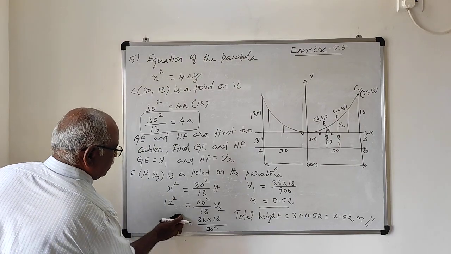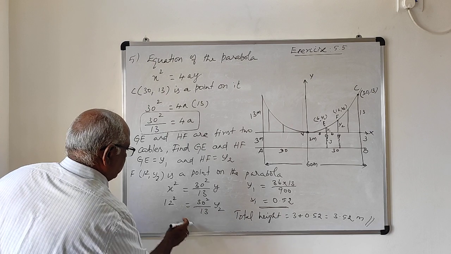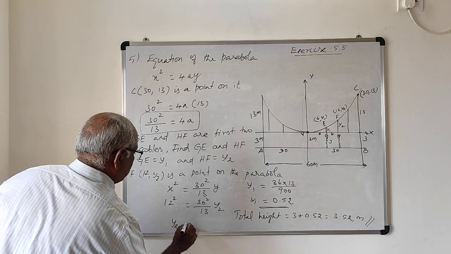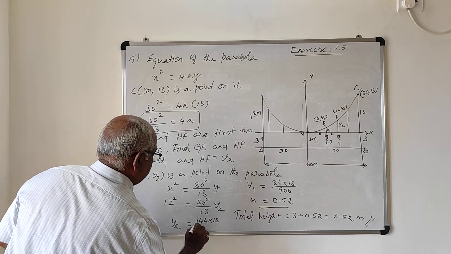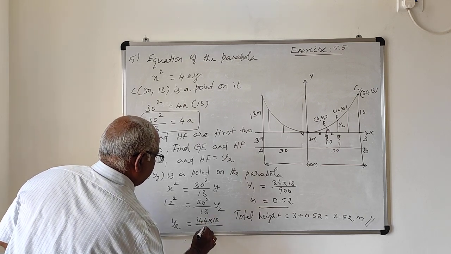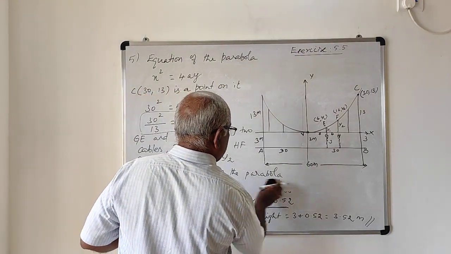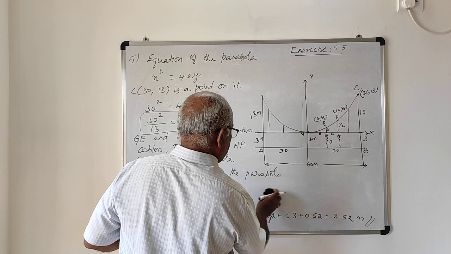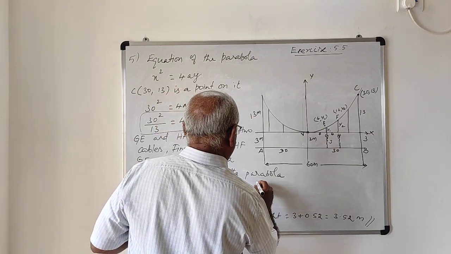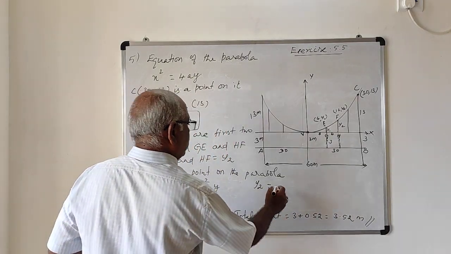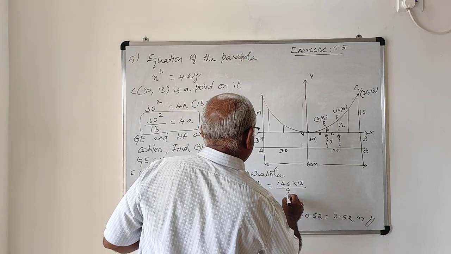Therefore, on cross multiplying, y2 equals 12 squared, which is 144, into 13 by 30 squared, which is 900.